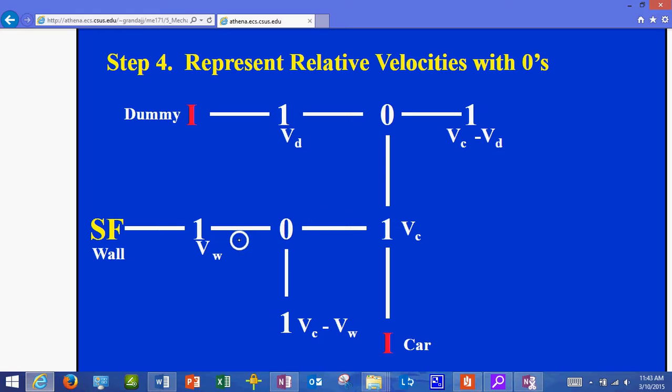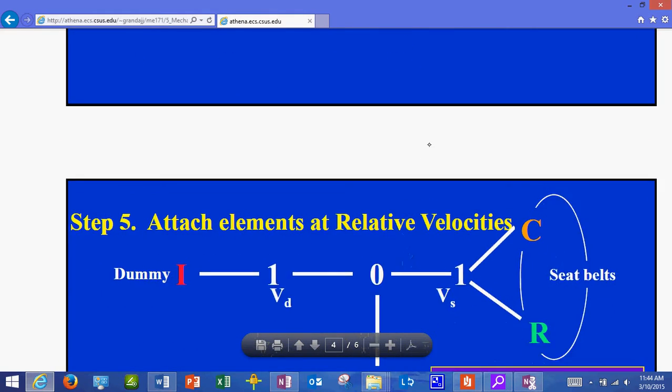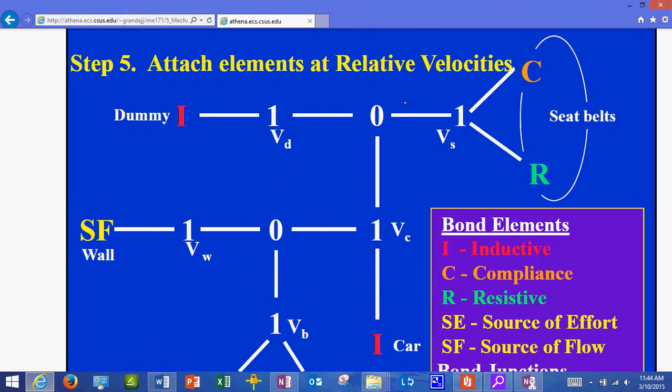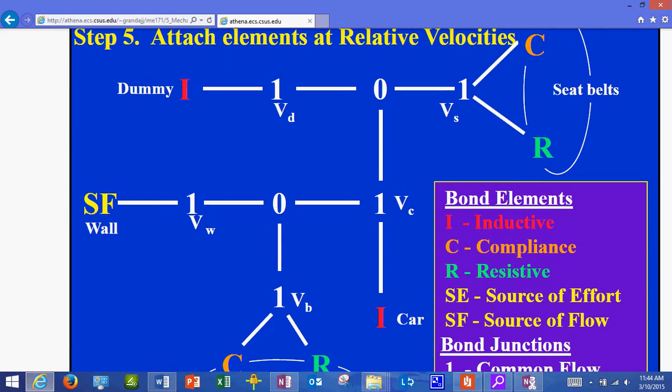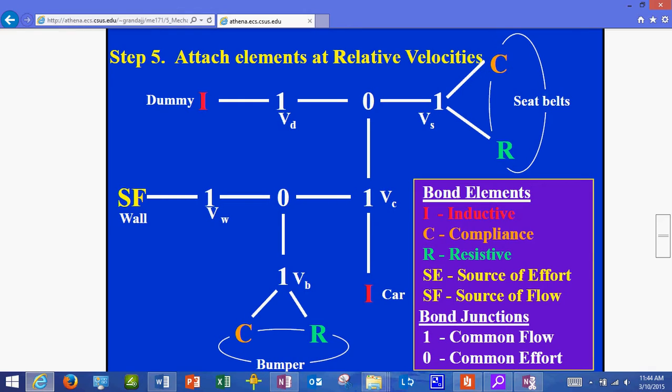So the difference in velocities are made with 0 junctions. And so we continue over here. We attach to the 0 junctions the elements that you see like the R and C, which is the seat belt, and the bumper on the other one over here. See?